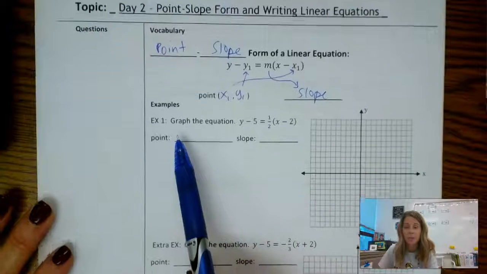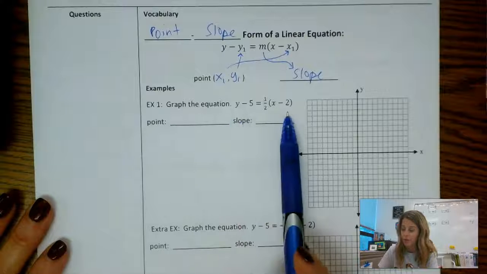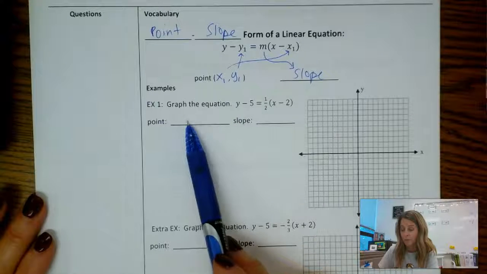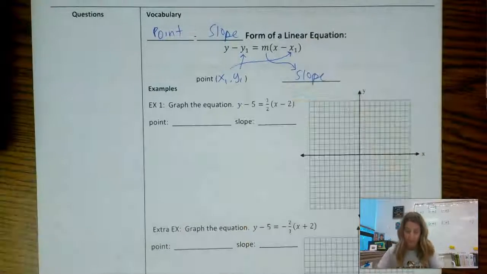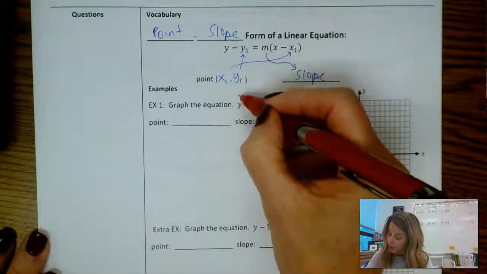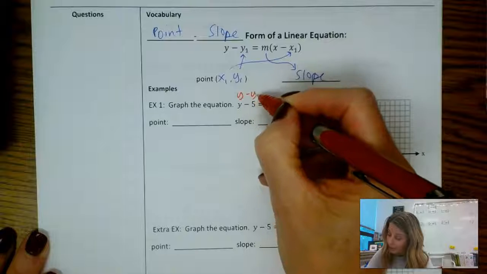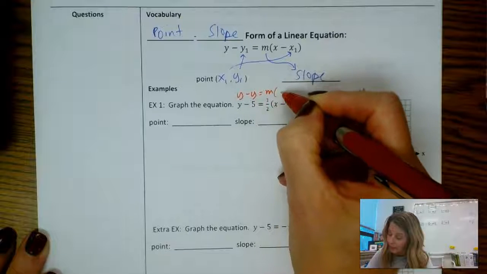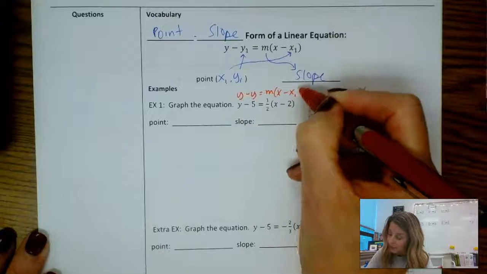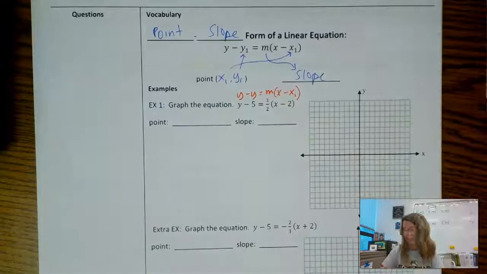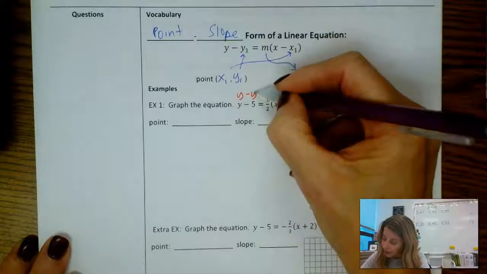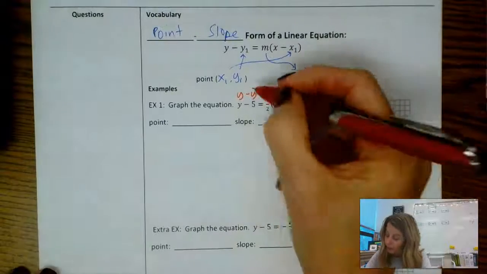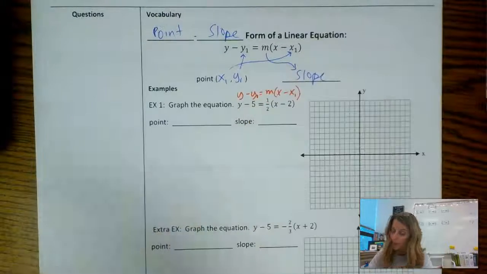Okay, so number one, let's graph the equation right here, and in order to graph it, we need to identify the point and the slope. Okay, so above this, I'm going to write the formula. So it's y minus y1 equals m times x minus x1. Okay, and so because I see the minus in here, oops, I forgot my 1 right here, y minus y1.